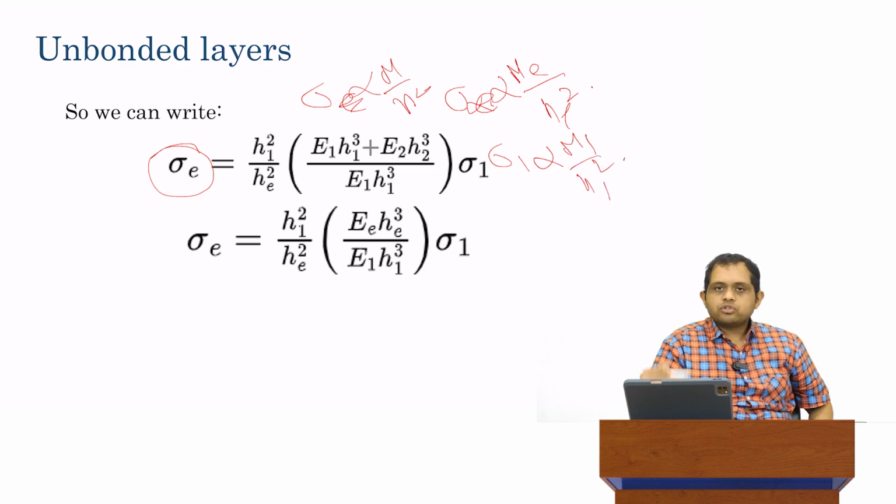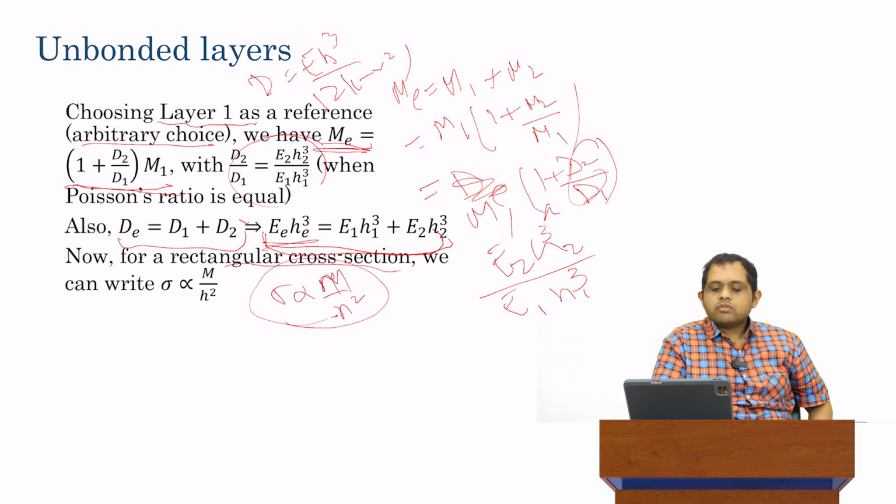If we divide these two, the proportionality constant goes away, and we get sigma E over sigma 1 is equal to h1 squared divided by he squared, times me over m1, where we already had a formulation for me: 1 plus d2 over d1 into m1.